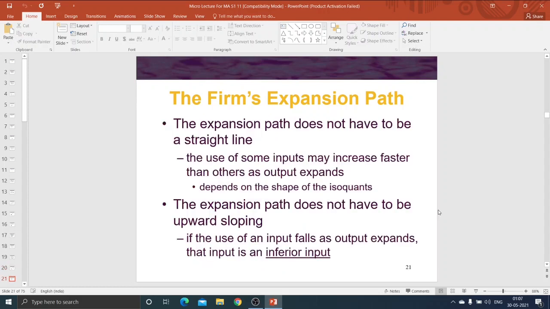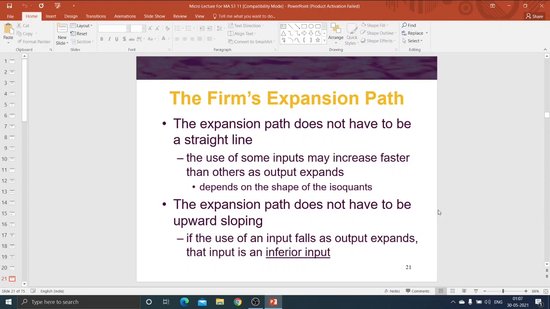The expansion path does not have to be a straight line as in the diagram which we have presented. It can actually go curvy.